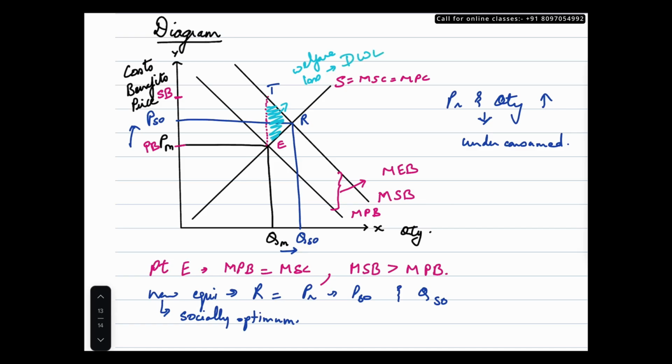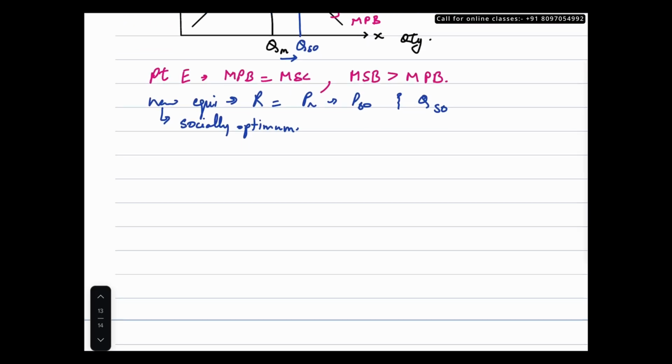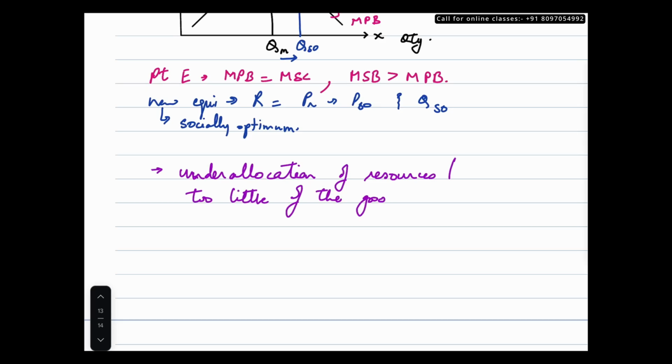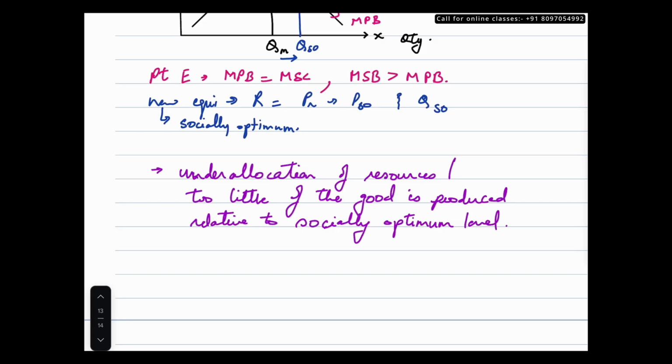So, what are the key takeaways for this? Let's quickly jot that down. When there is a positive consumption externality, the first thing that you need to remember is there is under allocation of resources, or you can say too little of the good is produced relative to the socially optimum level.